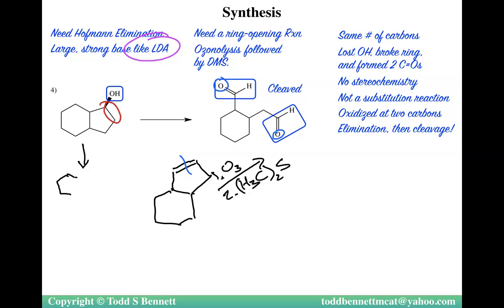Turn it into a better leaving group. And so I'm going to put it as an OTs. So I'm going to add tosyl chloride and then LDA. So as long as I do that, as long as I make sure that I don't add a base to something with a protic hydrogen.